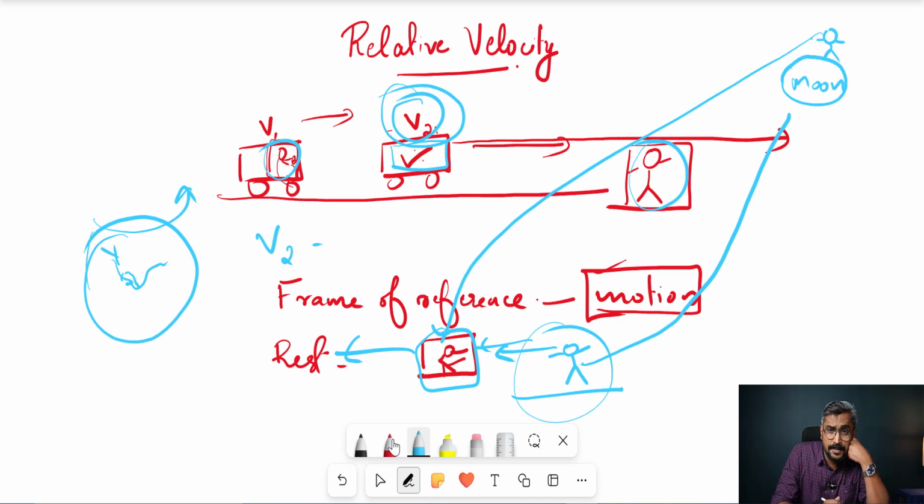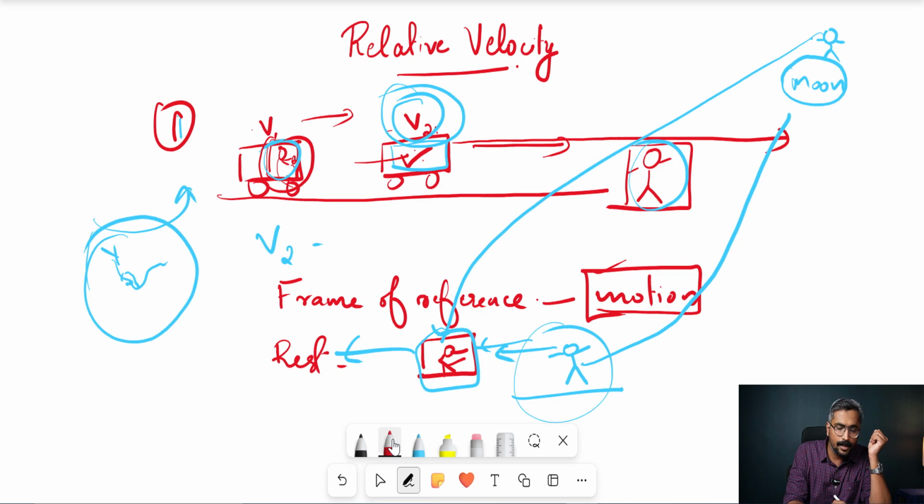The same thing happens here, that is, the frame of reference changed. In the first example of the car, I am sitting inside the car and seeing the second car, and there will be one velocity, velocity v2 with respect to v1, while I am standing somewhere outside the car, on the ground.